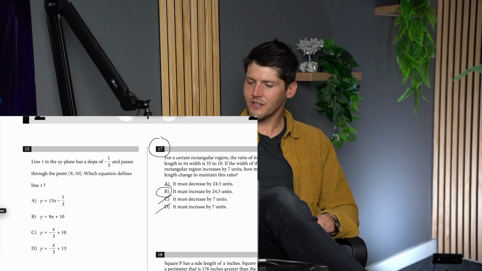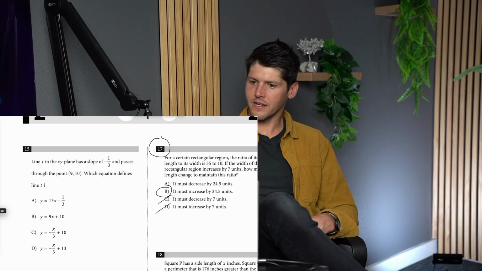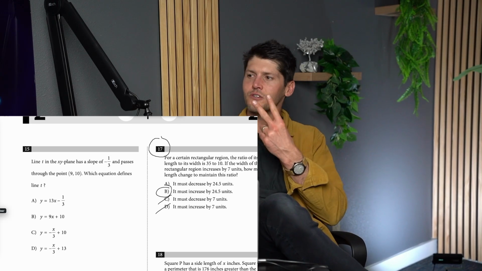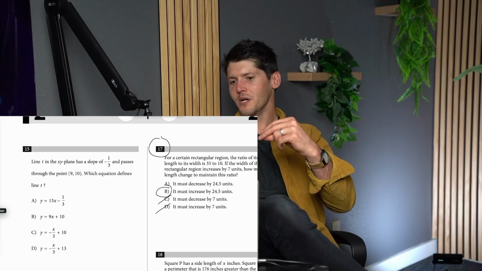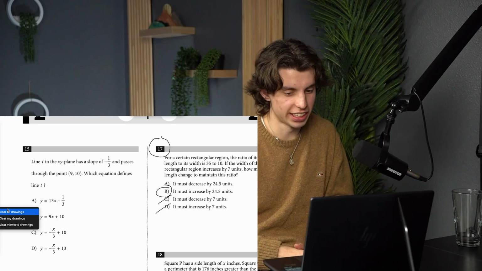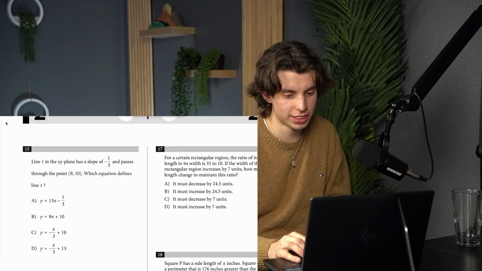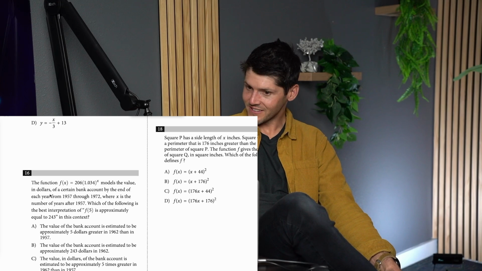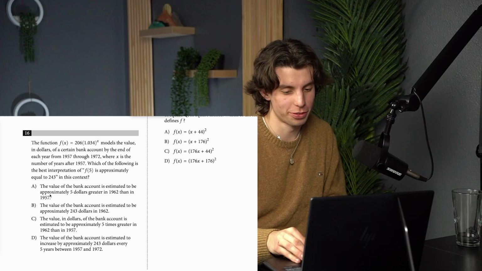So this question, if we look at the answer choices, there's basically only two things up for debate. What are the two components in play? It's the length and the width of the rectangle. Even just the language: it's either increase or decrease, and then it's either 24.5 or 7.